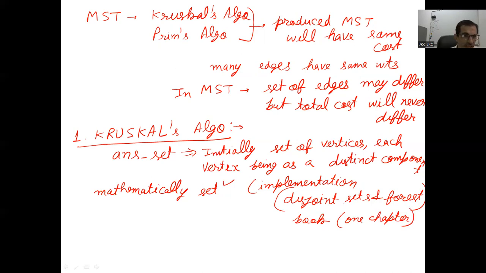Disjoint sets can be implemented using some linked lists or maybe some arrays, etc. But in the case of disjoint sets, obviously we need faster operations for union, intersection, and membership, and hence we have to be very careful to choose a suitable data structure because these operations will be needed very frequently. For the time being, we are not bothered about the implementation. Kruskal's algo implementation will be discussed later.